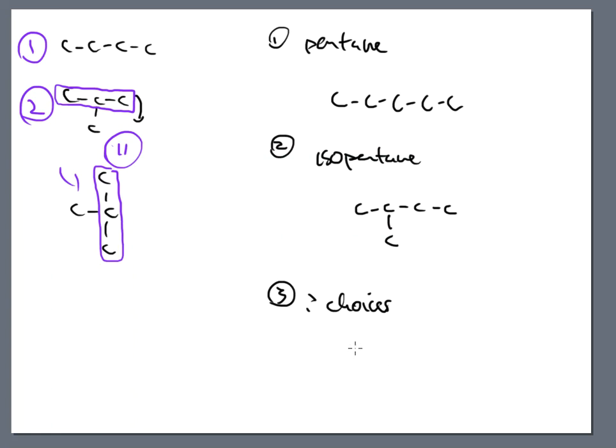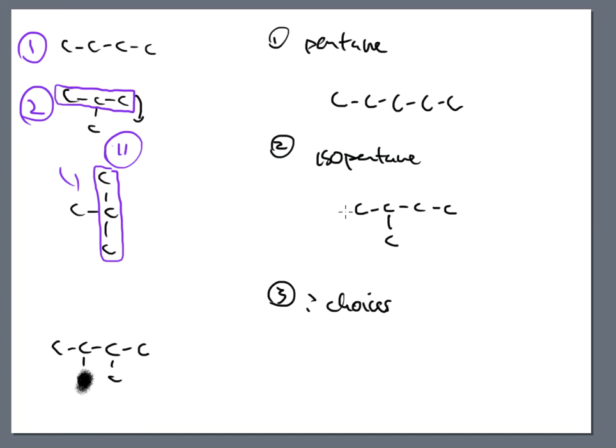Okay, well, let's try a couple of options. So we had 1, 2, 3, 4, right? And in the first case, I drew it on this second carbon in. Okay, so if that's what we want to do, then why not get rid of that there and draw it here? It's the same thing. There's no difference, folks. Why?